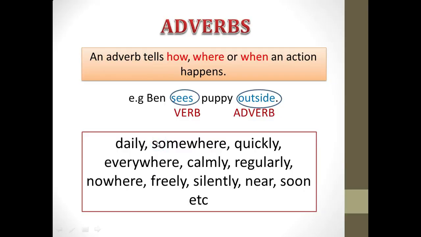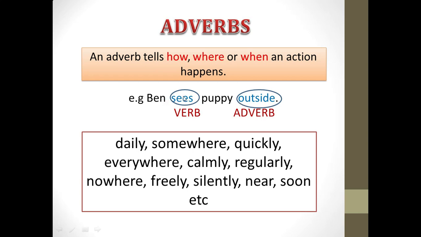So there is a more advanced definition of adverb that you should know: an adverb tells how, where, or when an action happens. Okay, now I told you that an adverb tells about the verb, that is correct, but it also tells how, where, or when an action happens. For example, Ben sees a puppy outside.